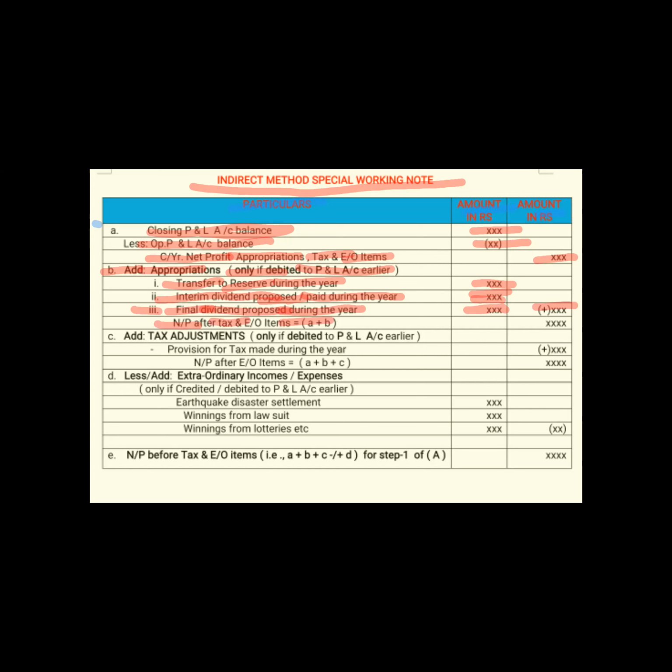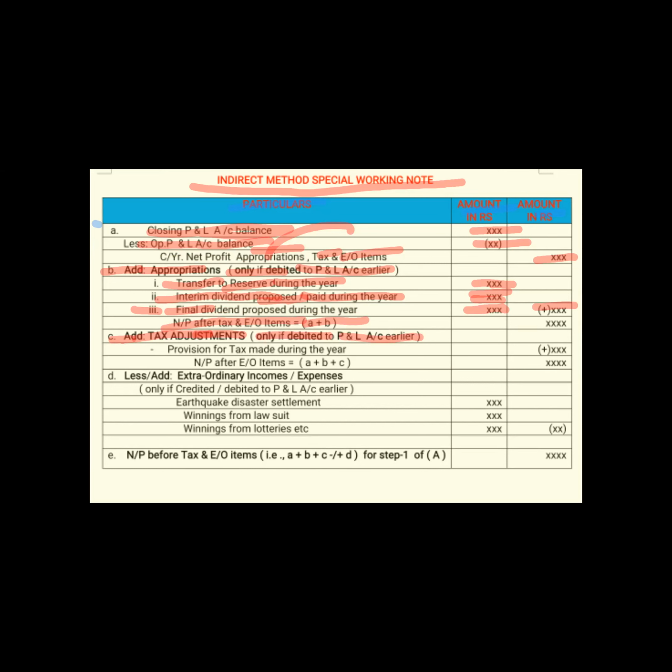See, previously it was after appropriations, tax, extraordinary items. You have added back appropriations. So now it has become net profit after tax and extraordinary items. In the next one, add tax adjustment, that is only if debited to P&L account earlier.